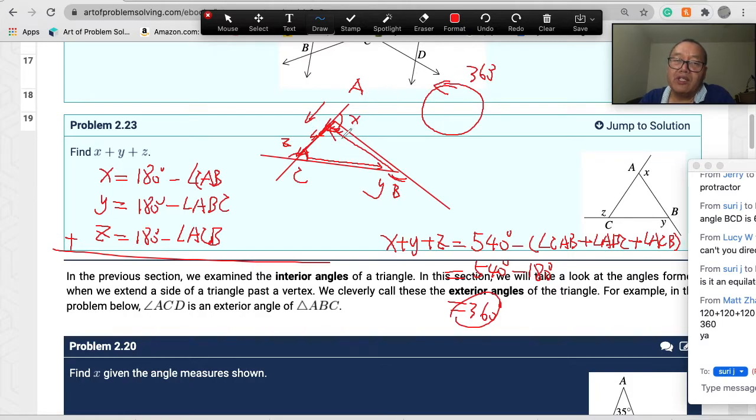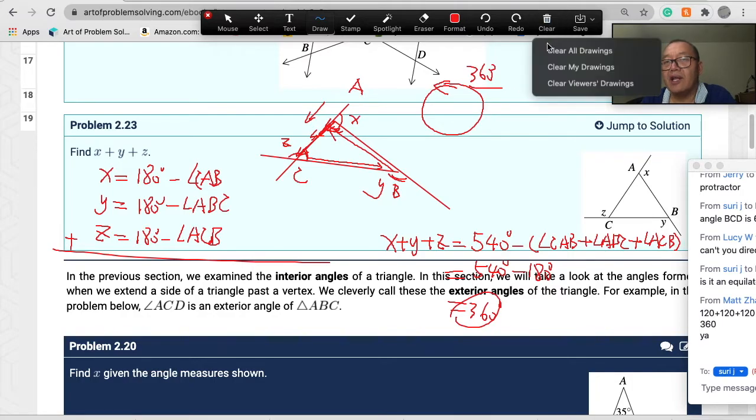If we don't consider the distance you walked, we just consider the directions you walked. That's actually 360 degrees. It does not matter what shape the triangle is. If you just walk along this triangle, start from vertex A and return to vertex A, then the direction you turned is 360 degrees.